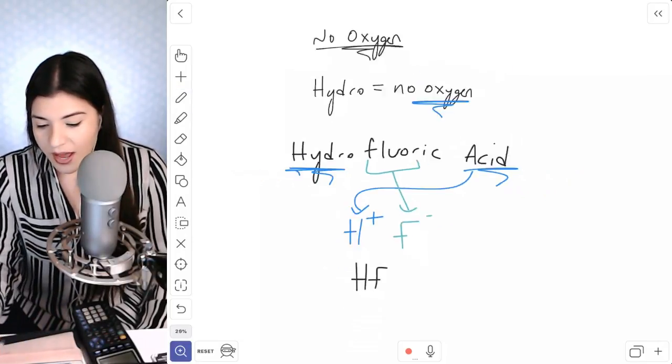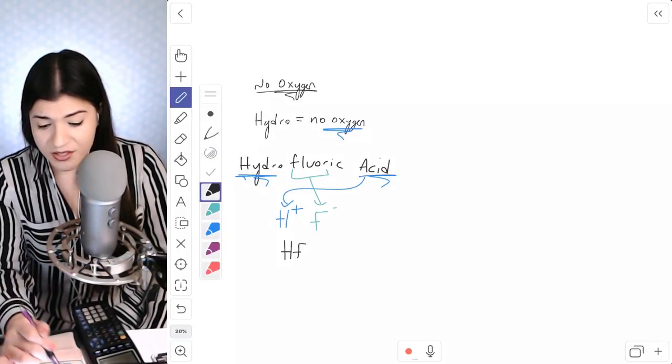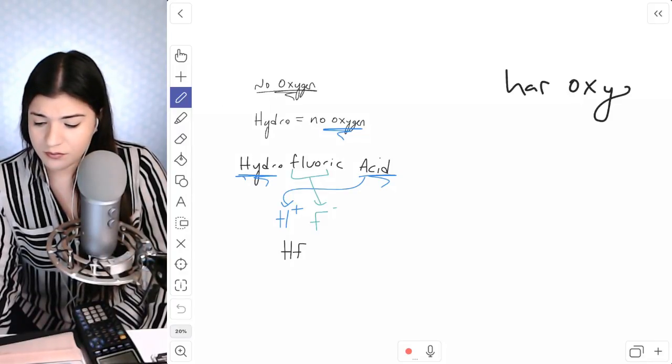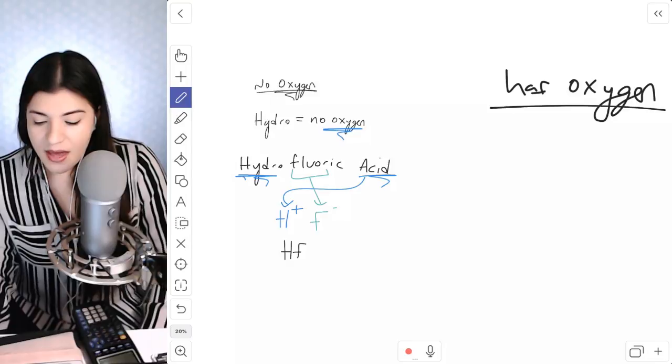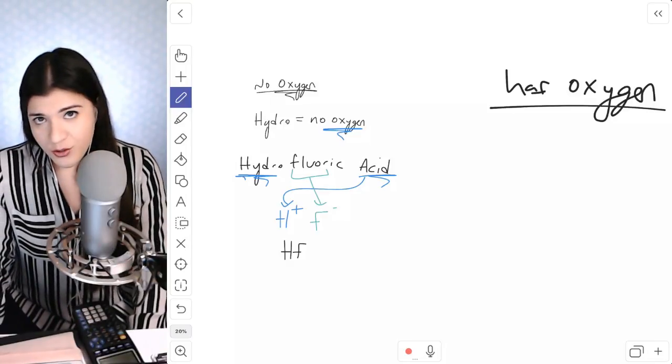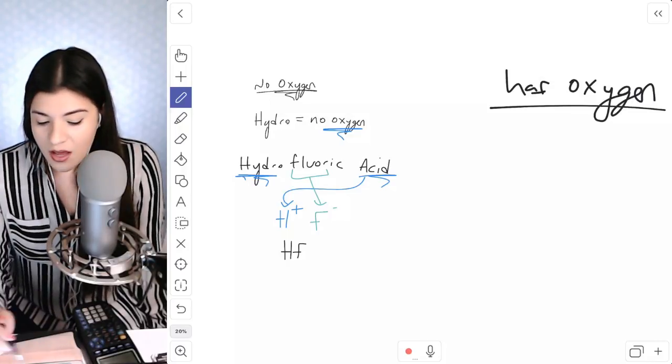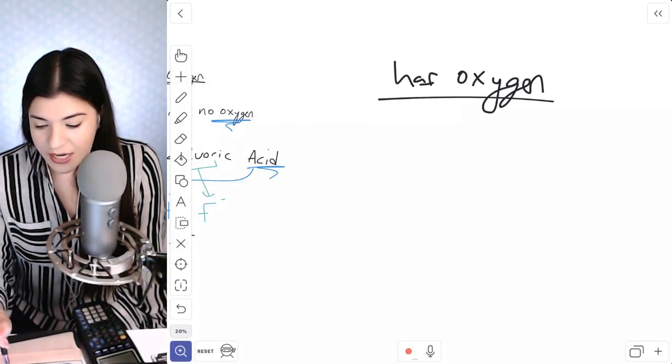Then next, if I were to have something that actually has oxygen, then this would not have that hydro prefix. There's actually no prefix that it would have. Instead, you would have two different types of setups.